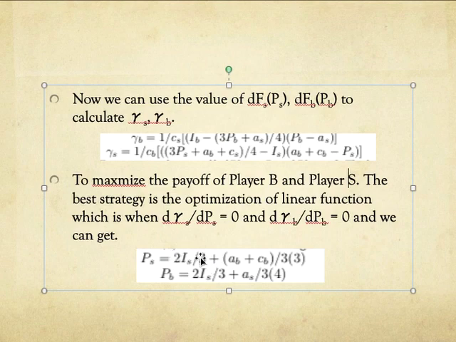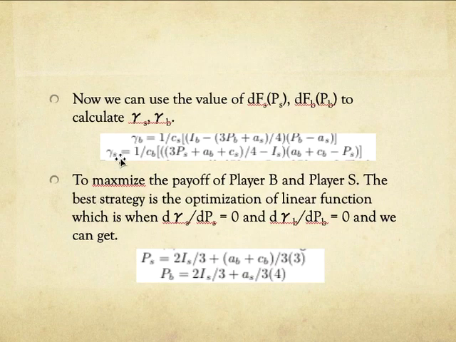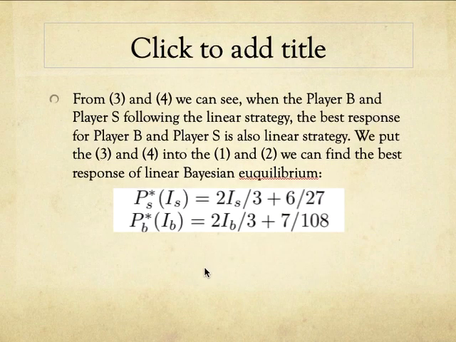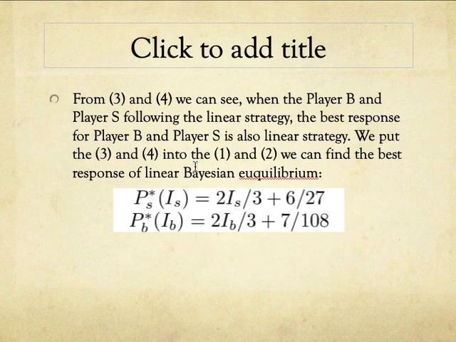Then, taking the derivative, we can get the equation for PS and the equation for PB. We put them back into gamma B and gamma S, which become second order equations, and we can do the maximization to get the values of AB, BB and AS, BS, which maximize gamma B and gamma S. We put those back into PS and PB and get PS star and PB star, which are the best strategies for player B and player S. It's also the best response of the linear Bayesian equilibrium.